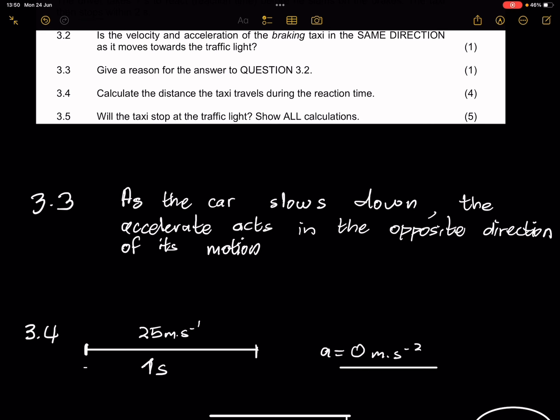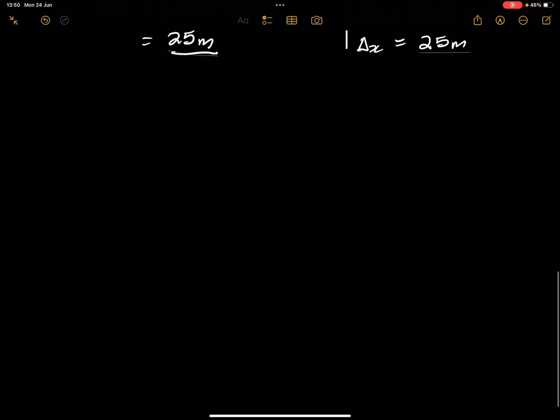Remember, that's the distance from the traffic light, right? That's how far the taxi is, right? So it is 15 meters away from the traffic light. If the distance that I calculate is greater than 15, then it means that the driver was not able to stop at the traffic light. But if the distance is less than or equal to 15, it means that he was able to stop. Right, so let's do that.